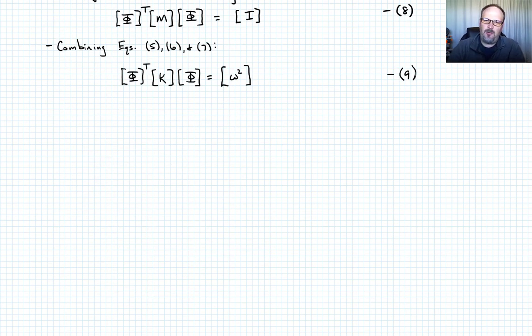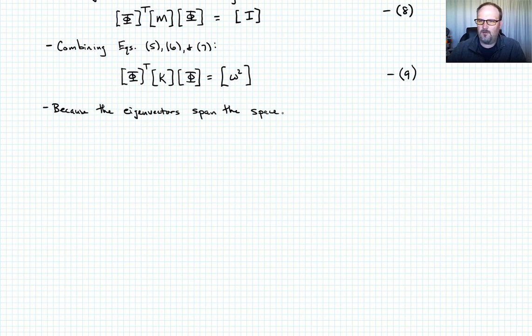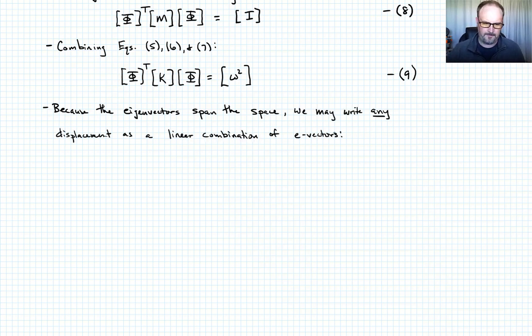Okay, now we need to exploit a property of the eigenvectors, and that is that in this particular case they span the space, okay? What does that mean? That means that we could write any displacement as a linear combination of all of our eigenvectors. Okay, so that means I can take and say that u, right? And it could be a function of t, right?